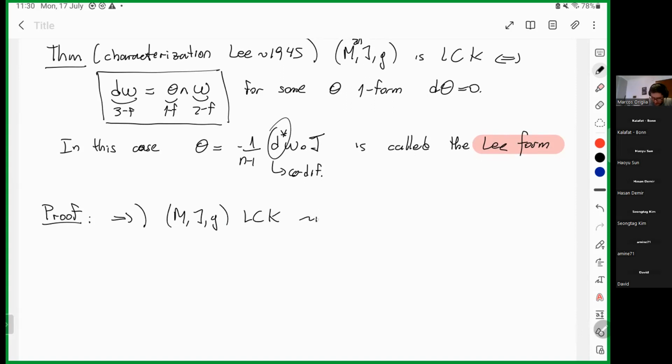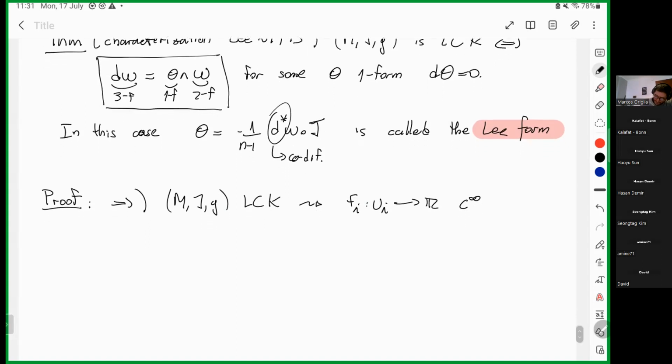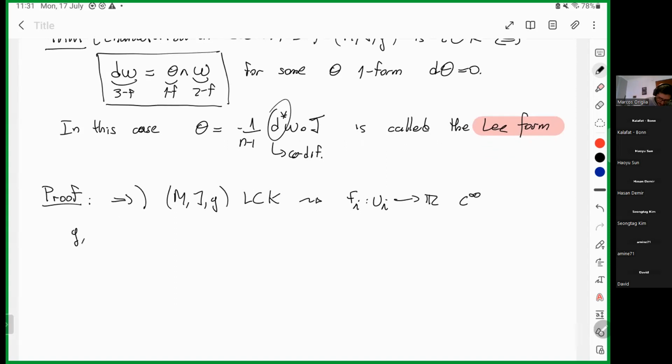And so it means that we have our family of smooth functions f_i, and our open cover U_i. And we have these local metrics, exponential of minus f_i times g, defined only in our U_i for each i, and they are Kähler for all i.